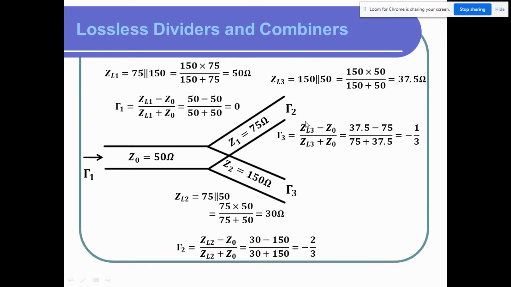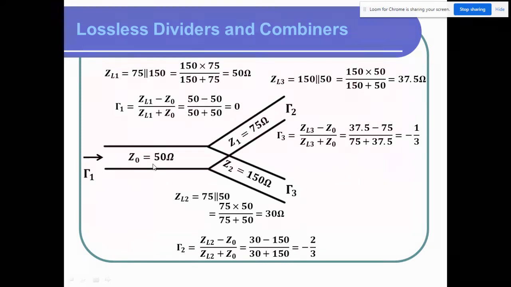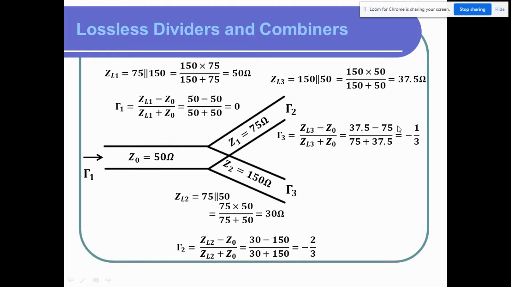So when we use 37.5 here, with the same equation, 37.5 minus 75, and then after that we got 1/3 negative. It means 1/3 of the power is reflecting back, which is undesired. Similarly, when we look into this one, we have this and this in parallel.